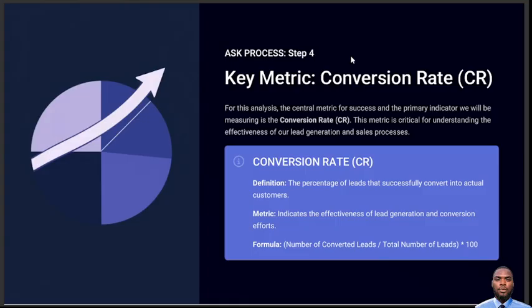For example, is the conversion rate we use to show if the salesperson is performing well or performing badly. This conversion rate is our success metric for this analysis.